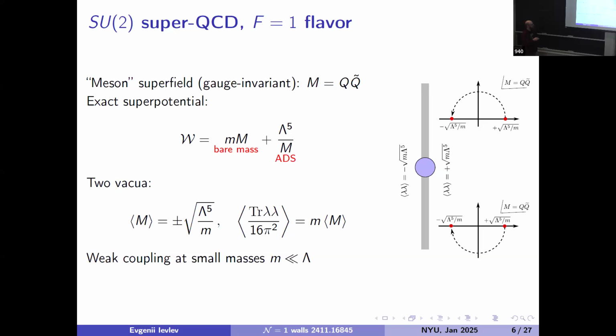This is a gauge invariant operator, and in terms of it you can write down the superpotential. The first term, M Q Q-tilde, is just a mass for quarks. The second term is the instanton generated piece of the superpotential, which is called the Affleck-Dine-Seiberg superpotential.